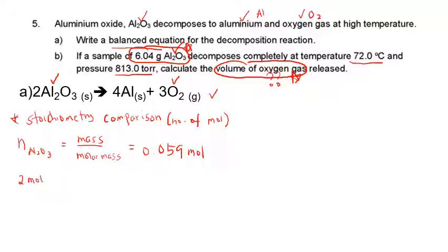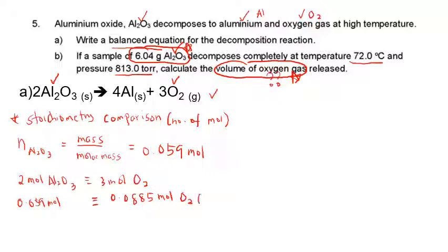Then we compare with the chemical equation. 2 moles of aluminium oxide will produce 3 moles of oxygen gas. So if we only have 0.059 mole of aluminium oxide, we are going to produce 0.0885 mole of oxygen gas.